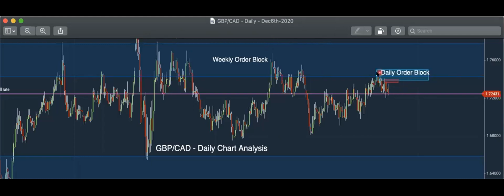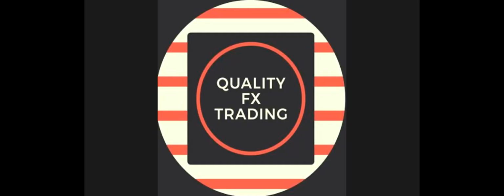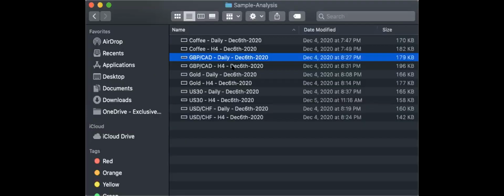You can see here, there was a push up to the weekly, and then it went down and it closed below that bullish candle. So that's why it's a daily order block. Next example.